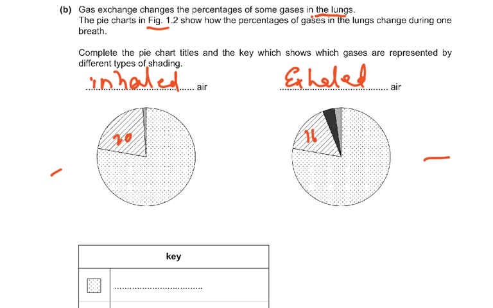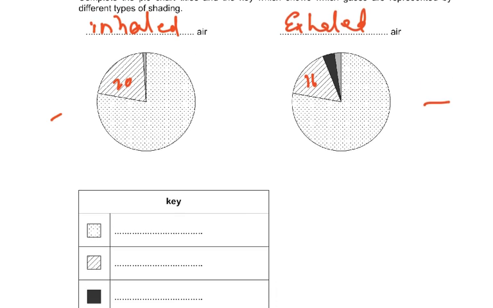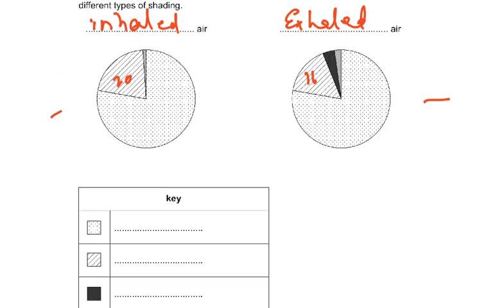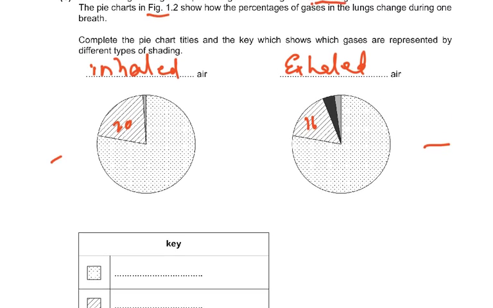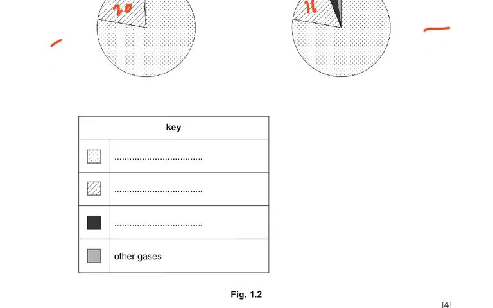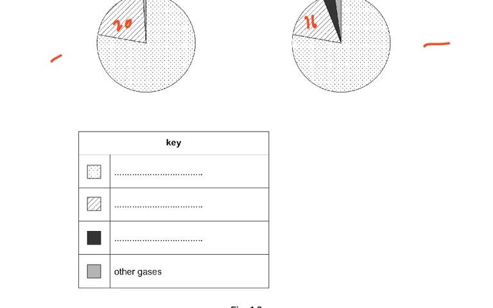And then they have given you a table, and then they say, complete the pie chart and the key which shows which gases are represented. So what is represented by this? This is nitrogen. 78% is nitrogen.